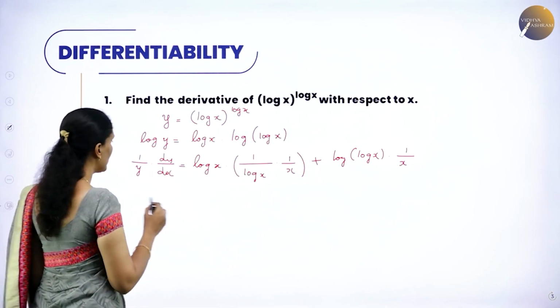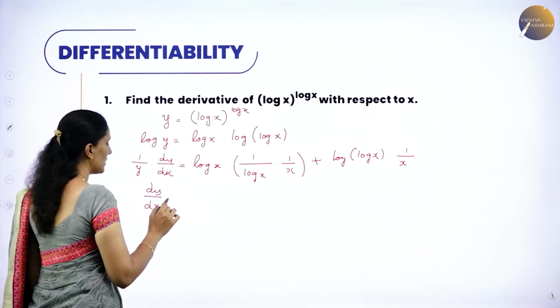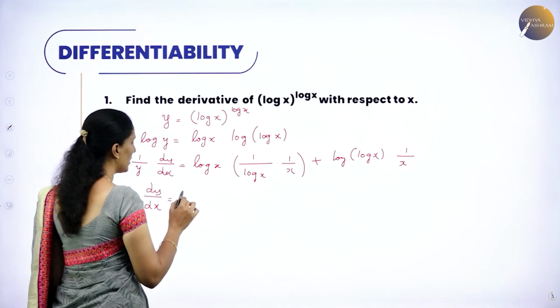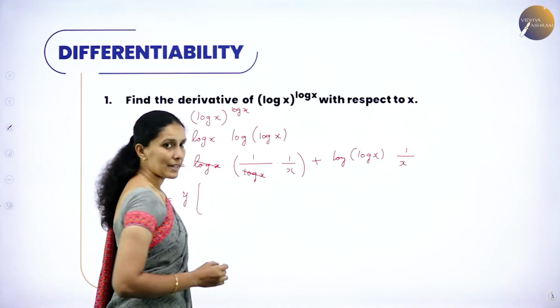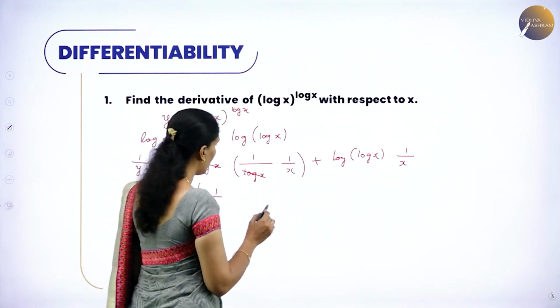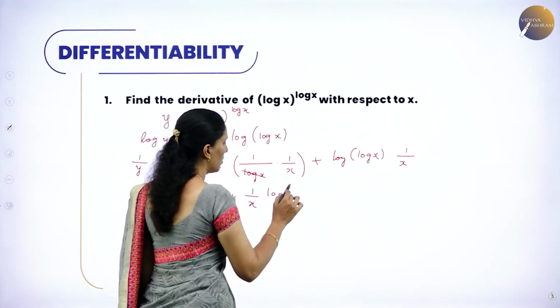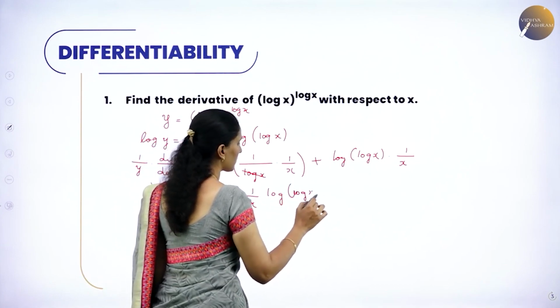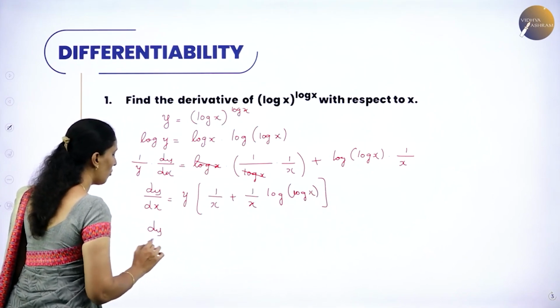So now let us write here. So dy by dx is equal to, so let me shift y here. So y into log x cancels here. So we get here 1 by x. And there we will get 1 by x log of log x. So replace back the value of y.